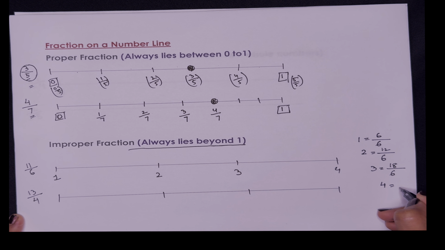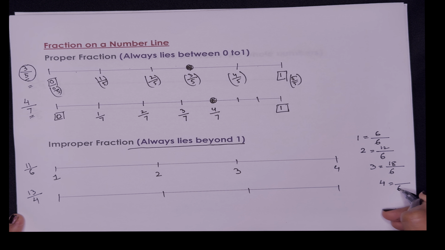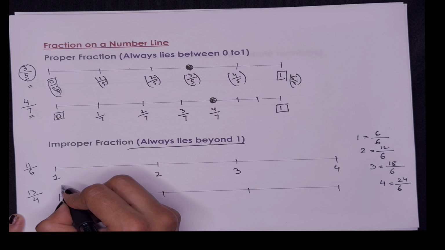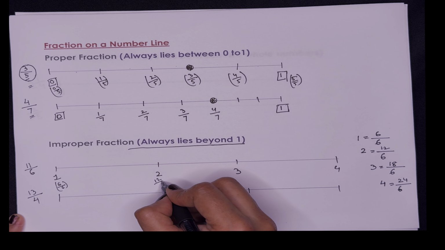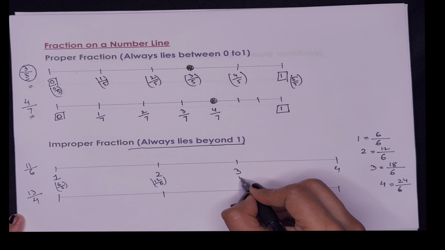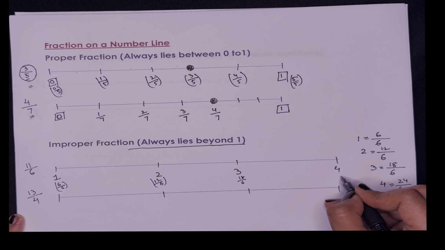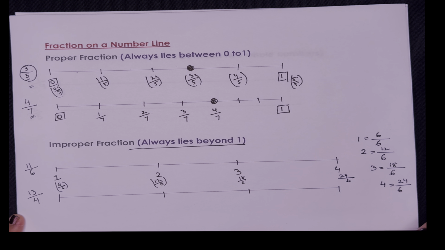If the whole number is 4, it will be 6 into 4, 24. So let's put those fractions here. 1 means 6 by 6, 2 means 12 by 6, 3 means 18 by 6, 4 means 24 by 6.